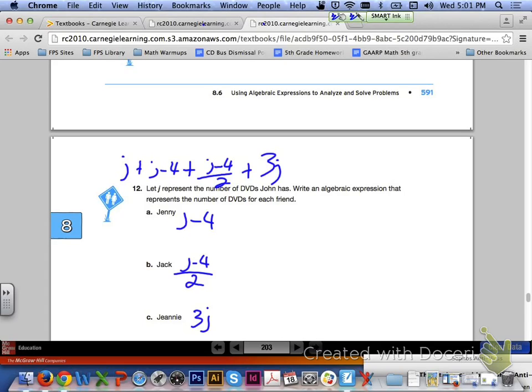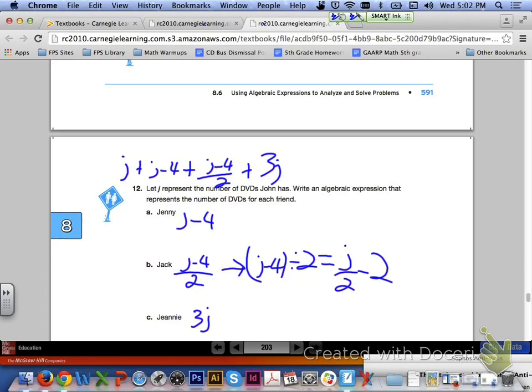Okay, now we need to get our denominator for Jack figured out. So J minus 4 divided by 2. So you're dividing this whole thing by 2. So another way to write this, J minus 4 divided by 2, is equal to J over 2 minus 2, because 4 divided by 2 equals 2.